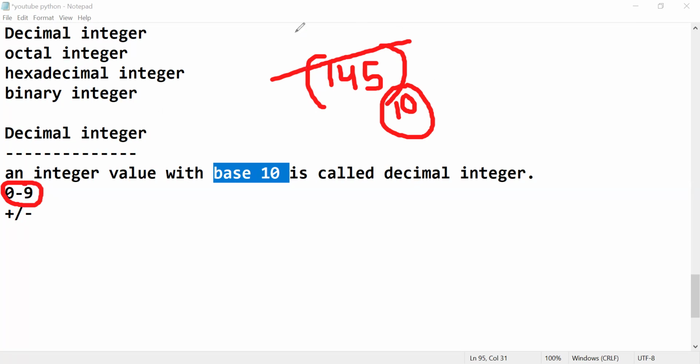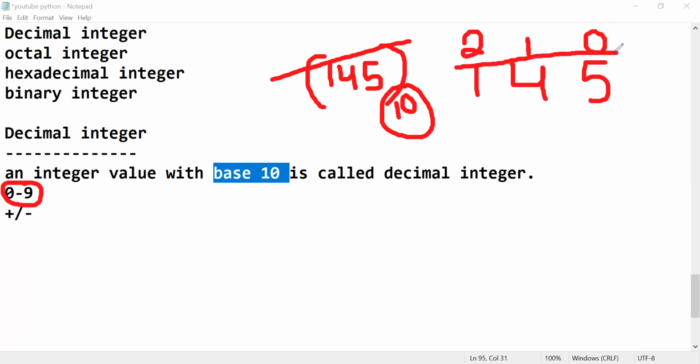Guys, now I will explain how to divide this. We take 145, and the 5 represents index 0, the 4 represents index 1, and the 1 represents index 2. These are the index positions.